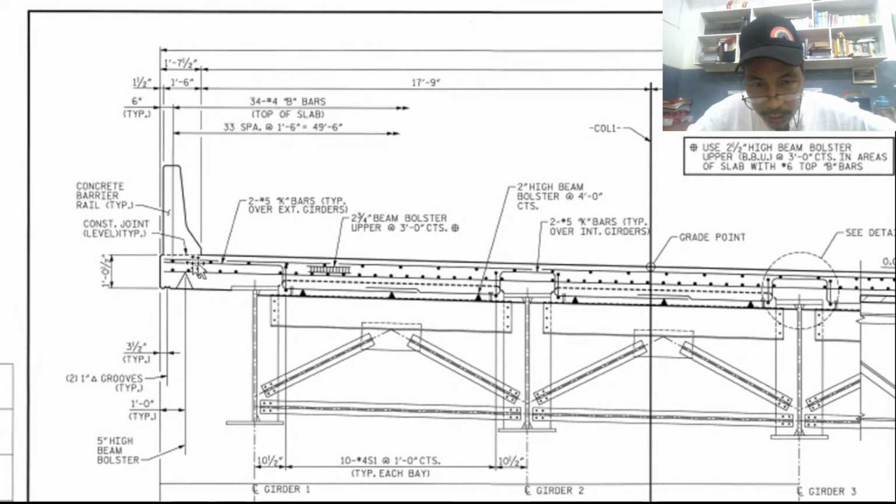So in this area, number 5 bars, this one and this one, here and here. But here we are going to use number 6 top bars. Top bars, these lines are the top bars. Bottom bars, these lines are the bottom bars.